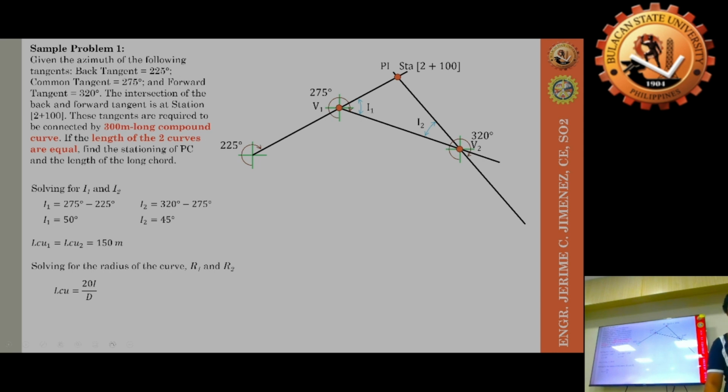We know that the formula for the degree of curvature is 1145.9156 all over R.